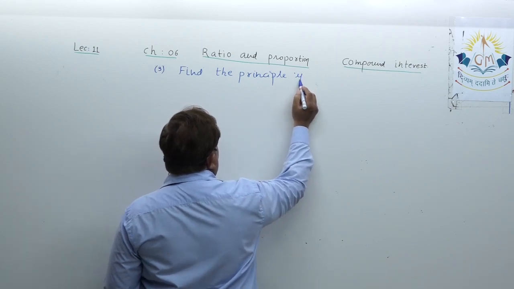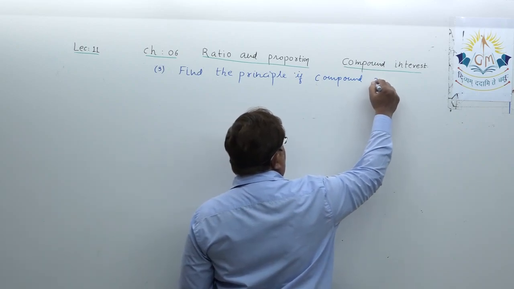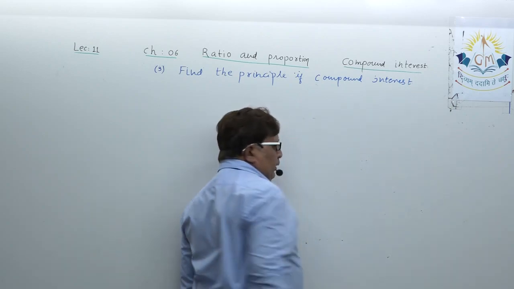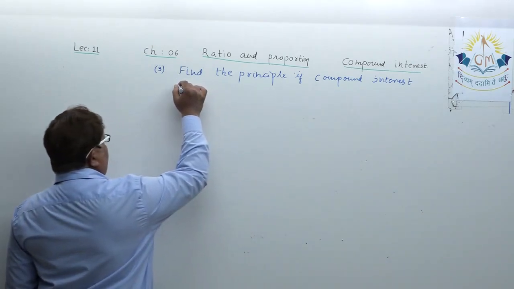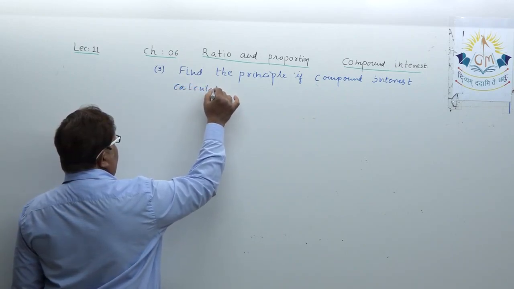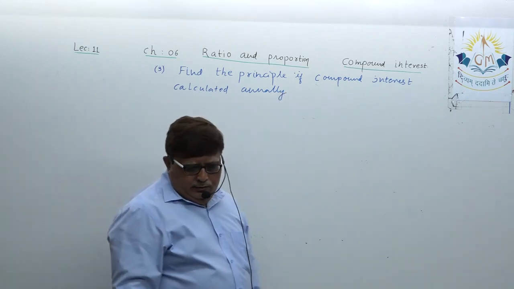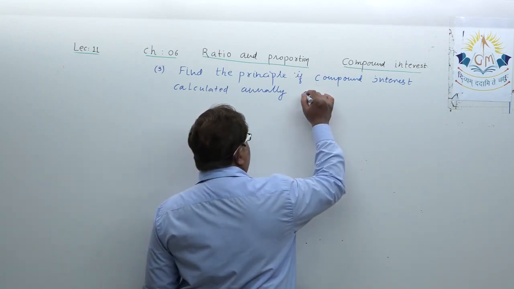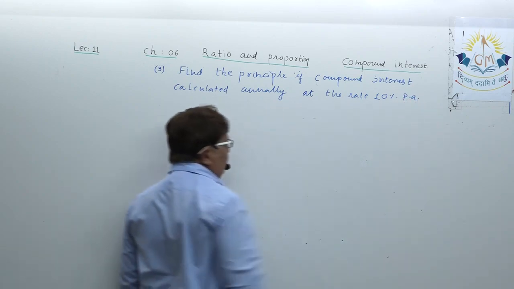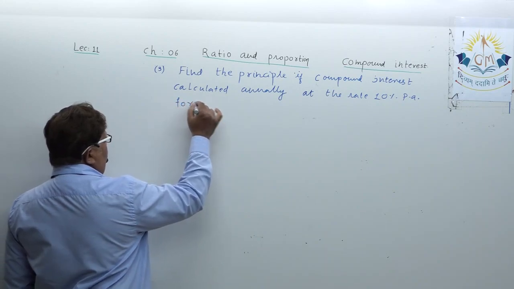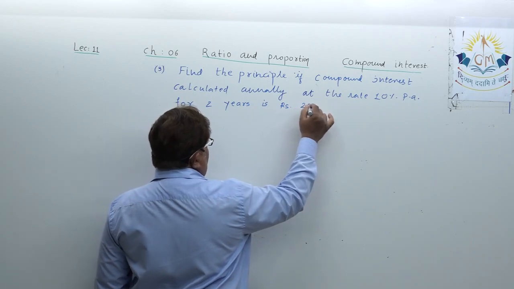principal if compound interest calculated annually at the rate 10% per annum, understood, for 2 years is rupees 210.